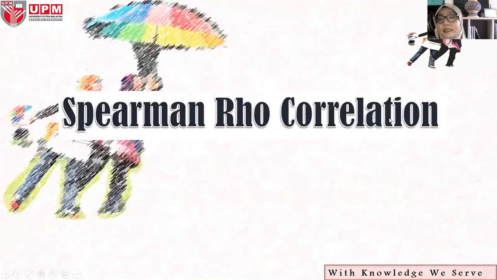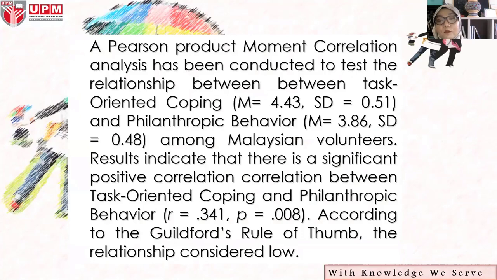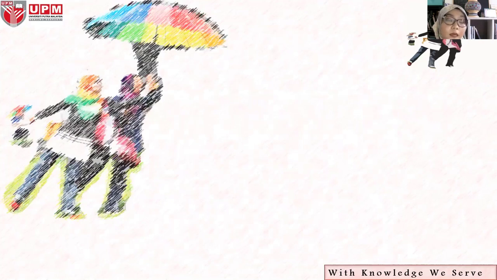Any question related to Pearson product moment correlation? So far so good? Doctor, what about one-tail, just divide by two? No need. If it is a comparison analysis, you need to divide by 2 because the analysis doesn't provide the one-tail result.